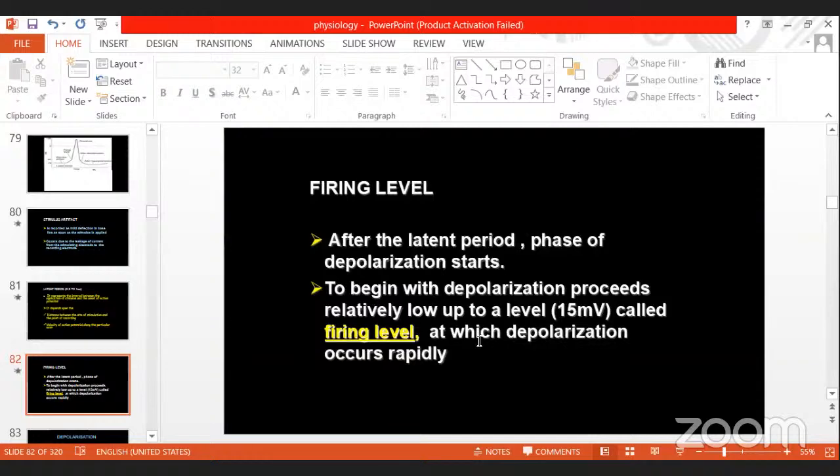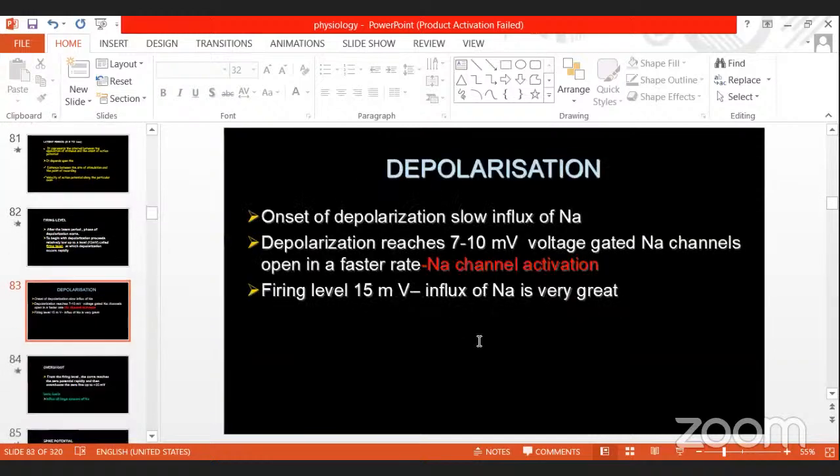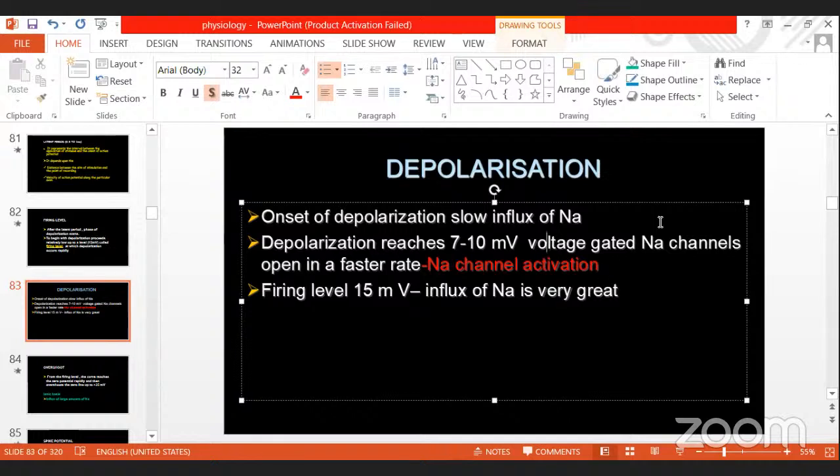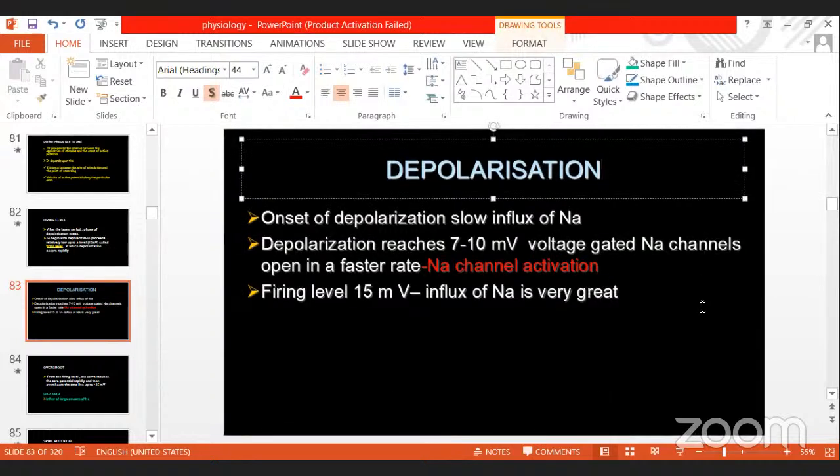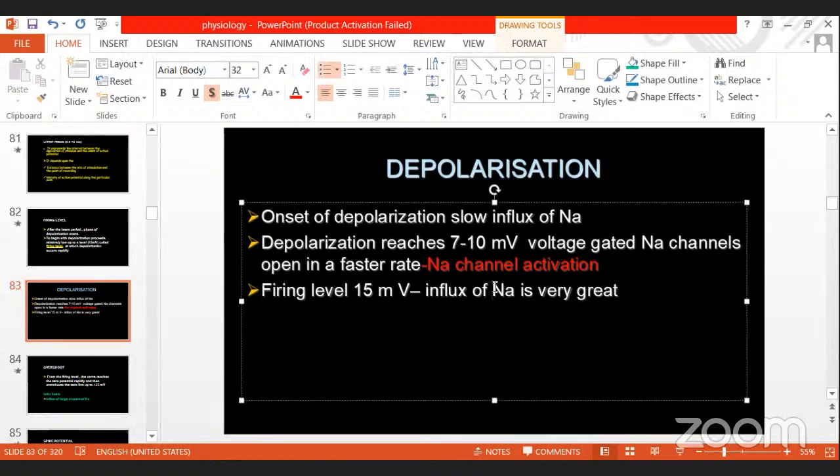Depolarization is around 7 to 10 millivolt. Voltage gated sodium channels open at a faster rate, that is known as sodium channel activation, up to a voltage of 7 to 10 millivolt. So the firing level is 15 millivolt.